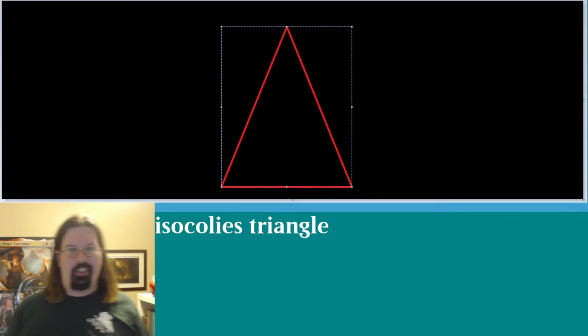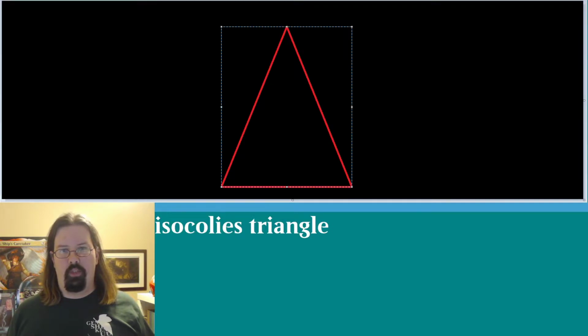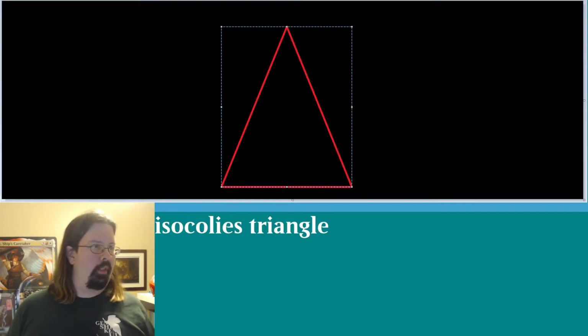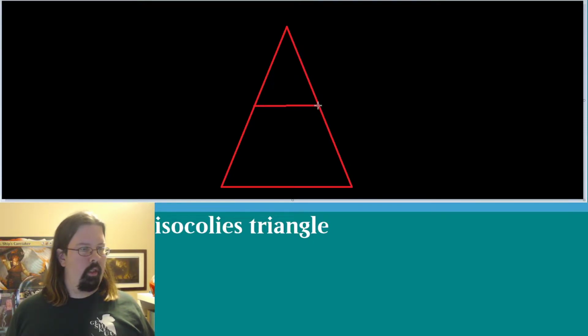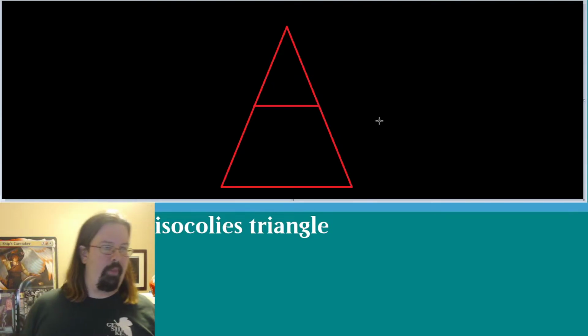So, we have an isosceles triangle. It's triangular. And then let's say I have this line. Perfect. I've made a line.